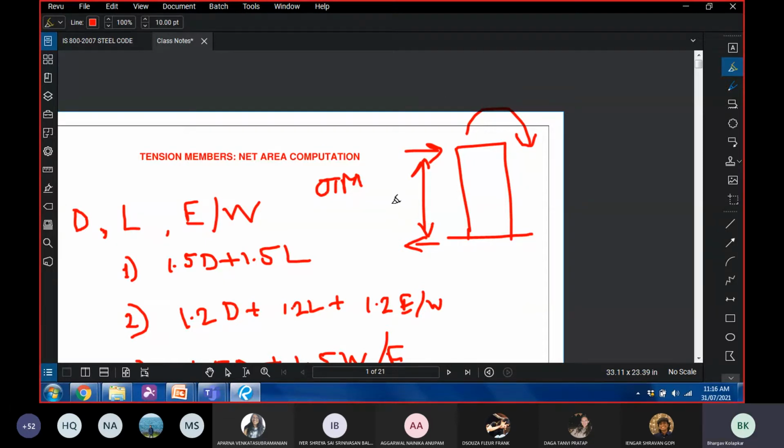Now, what is resisting the structure, or what is stopping the structure from overturning? The factor that is stopping the structure from overturning is its self-weight. Imagine you have an empty water bottle.